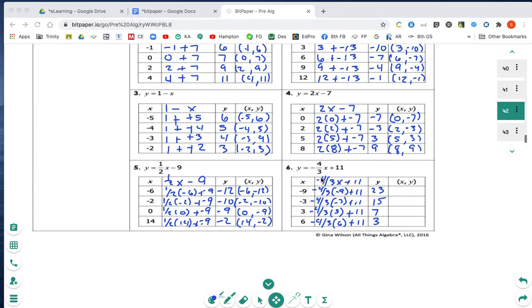And again, you multiplied your negative 4/3 times negative 9, which would give you a positive 12. Then you add your 11 and you get your 23. We're going to go ahead and put our ordered pairs in. Negative 9, 23, negative 3, 15, 3, 7, 6, 3.